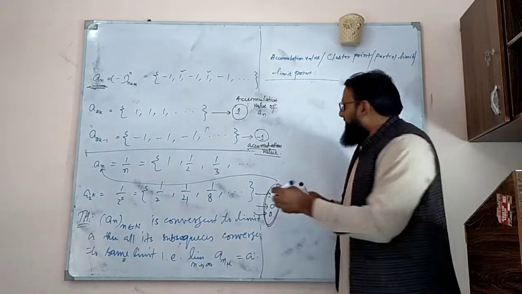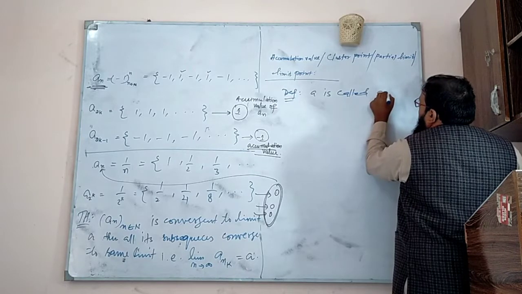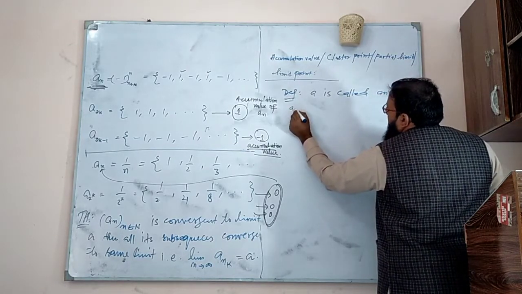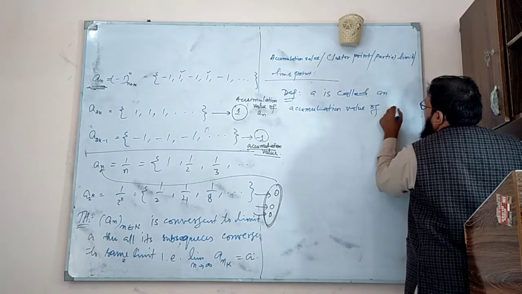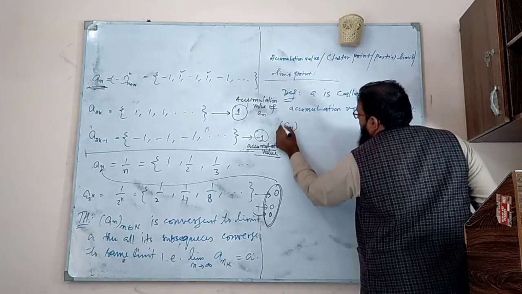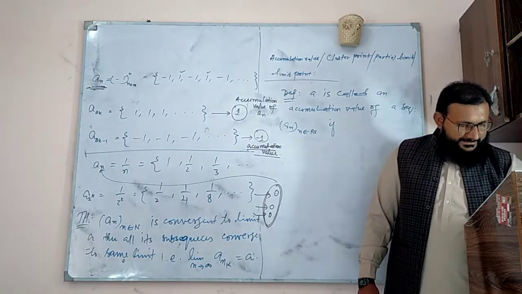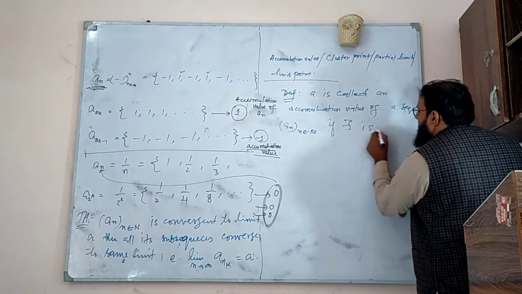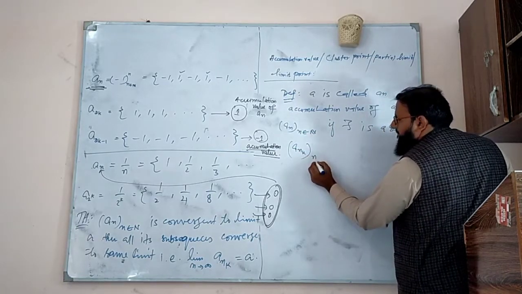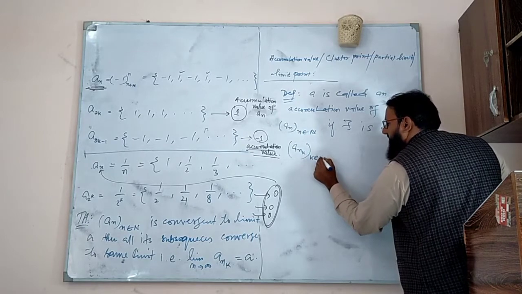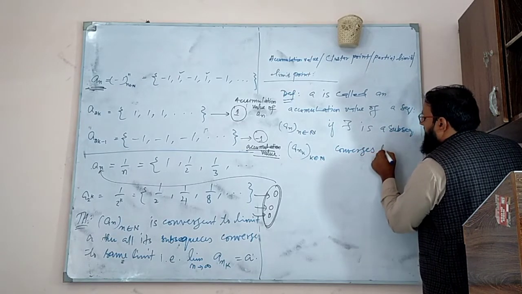So the definition: a is called an accumulation value of a sequence a_n if there is a subsequence a_{n_k}, where k is a natural number, that converges to a.